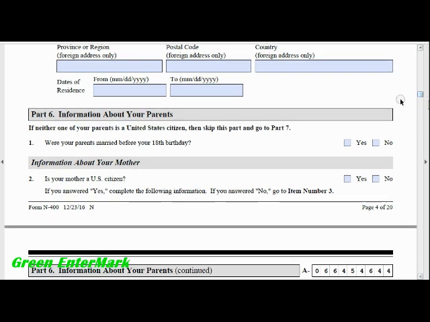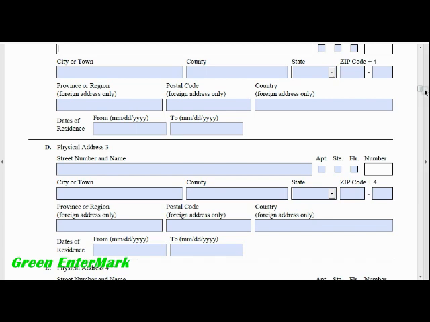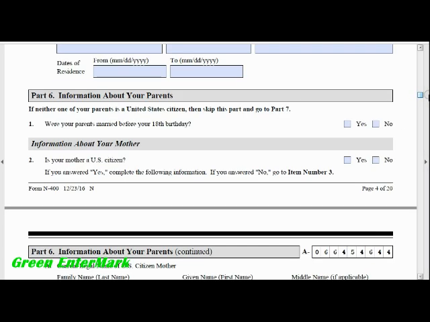Then Part 6, information about your parents. If neither of your parents is a United States citizen, then skip this part and go to Part 7. If your parents are not citizens of America, just skip Part 6.